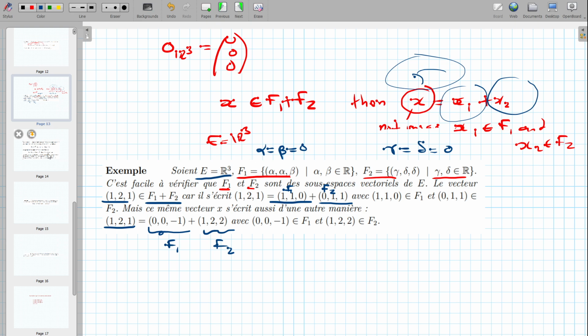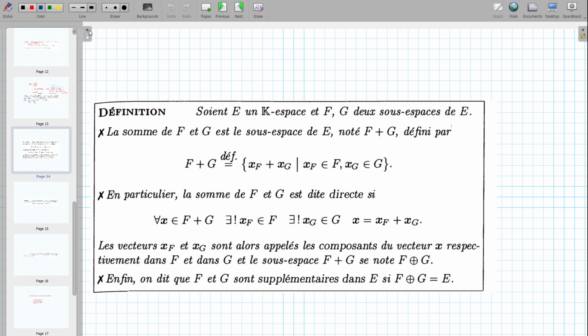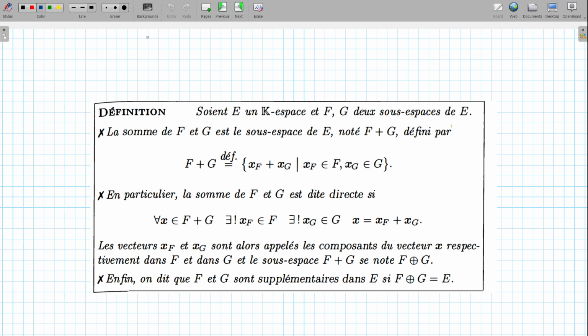Then it makes sense now that we define this new notation, where we're talking about la somme directe, where instead of putting a plus, we're putting a plus with a circle. Soit E un K-espace et F et G, des sous-espaces de E, la somme de F et G est le sous-espace de E noté par. So with this, we've already talked about la somme.